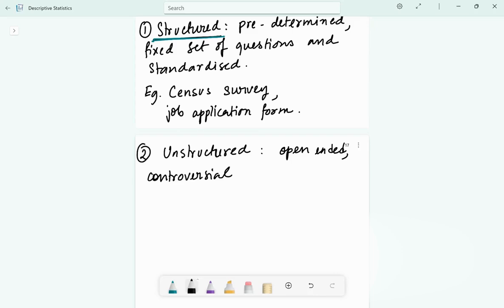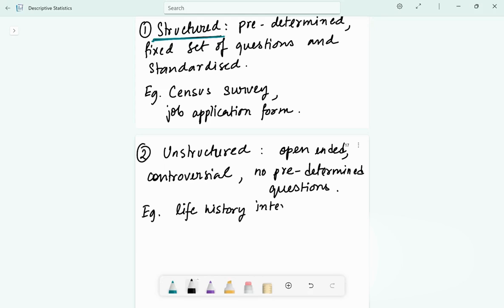So unstructured will lead to open-ended, controversial, no predetermined questions. For example, it can be a life history interview, etc.